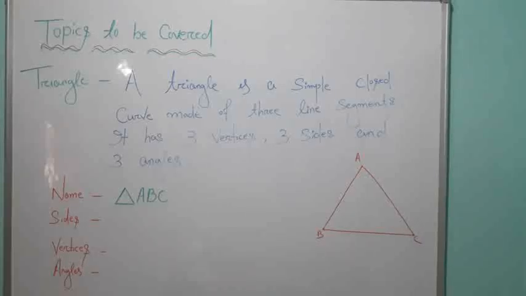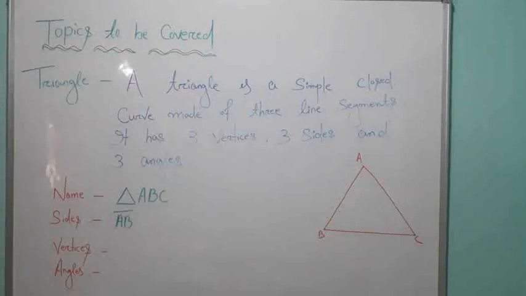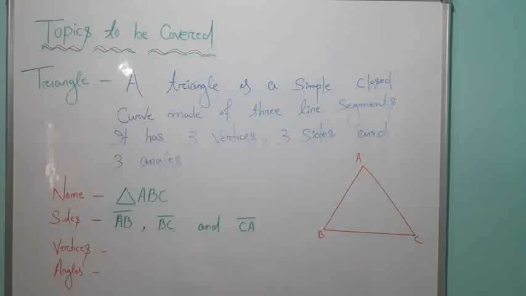By the above definition, you have already known that a triangle is made up of three line segments, and these line segments are nothing but the sides of the triangle. So here AB is a side of this triangle, BC is another side of this triangle and CA another side of this triangle. You can also write it by BA side, CB side and AC side.